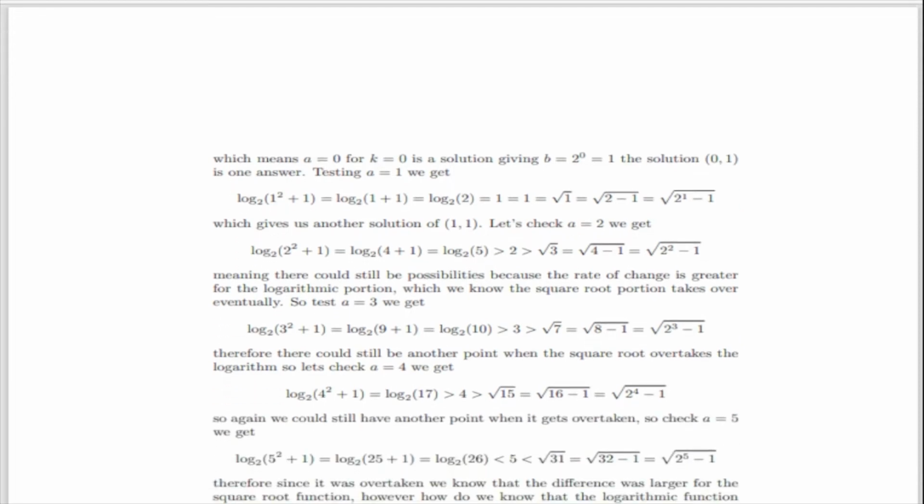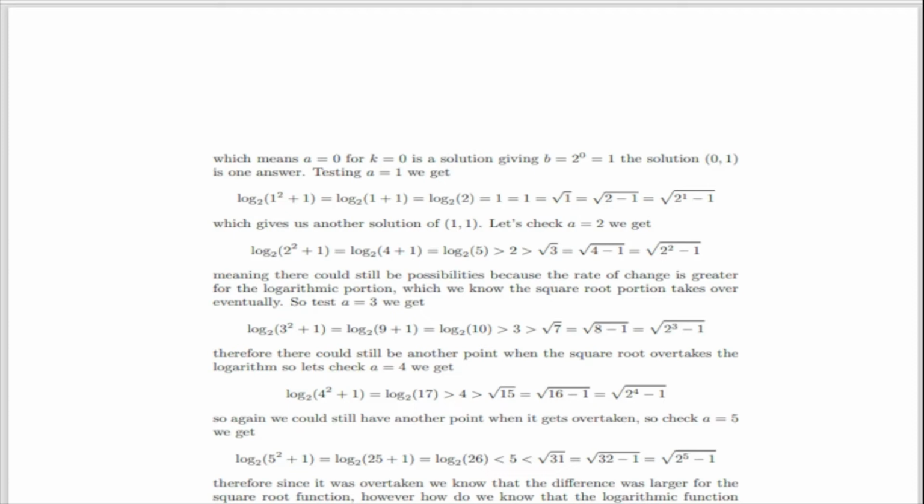Let's check a equals 2. We get log base 2 of 2 to the 2 plus 1 equals log base 2 of 4 plus 1, which equals log base 2 of 5, which is greater than 2 because log base 2 of 4 is 2. And then that's also greater than square root of 3 because square root of 4 is 2.